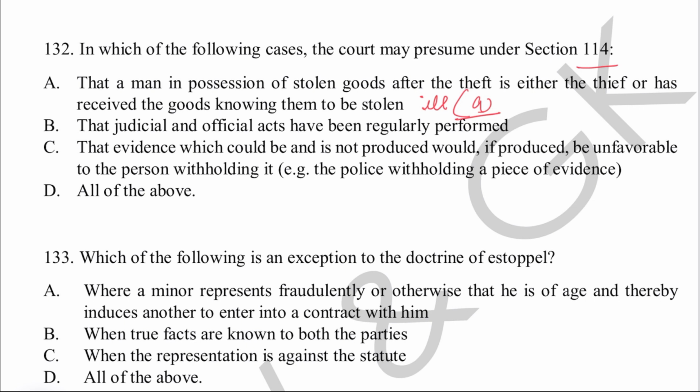And the second statement, that the judicial and official acts have been regularly performed, is illustration E of the same section. And option C, that the evidence which could be and is not produced would, if produced, be unfavorable to the person withholding it. Example, the police withholding a piece of evidence. And option D, all of the above. It is option number D, all of the above.